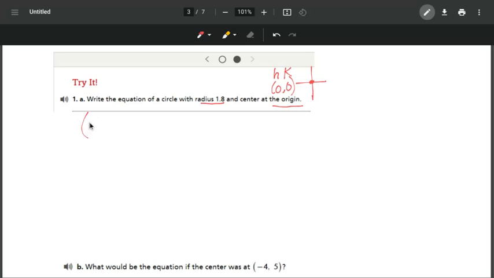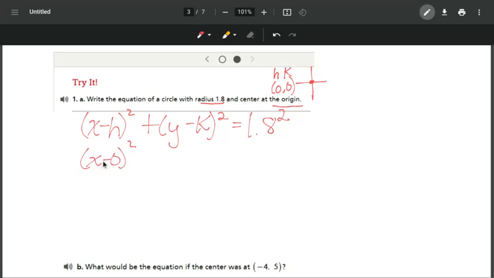When I go to write my equation, the formula is (x minus h) squared plus (y minus k) squared equals the radius squared, or 1.8 squared. Then simplify everything. x minus h is going to be x minus 0. I don't have to write the x minus 0 because x minus 0 is just x, so x squared.